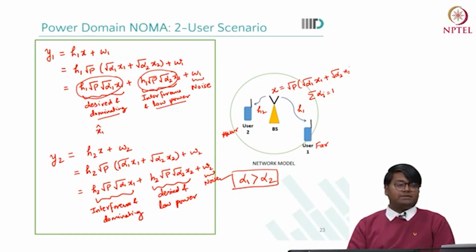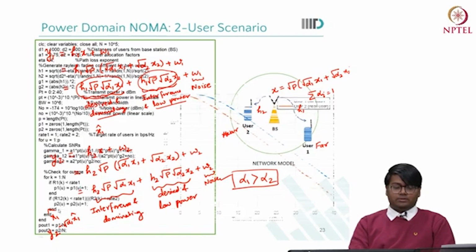Y2 is directly decoded to obtain the message signal x1, or rather an estimate of x1. First we obtain the estimate of message signal x1 from y2, then we subtract this estimate from y2.